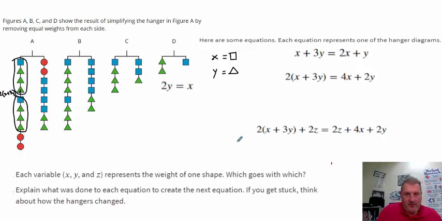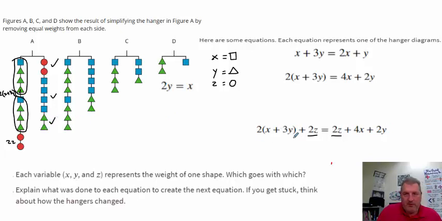So this, let's see, we have plus 2 of something. It looks like the z's are the circles, right? 2 circles. So z's are equal to the circles. So this is the 2z. So on this side, looks like we have 2z, so 2 circles, check, plus 4 squares, 4 times x, and we know that x is squares: 1, 2, 3, 4, check, plus 2 triangles.